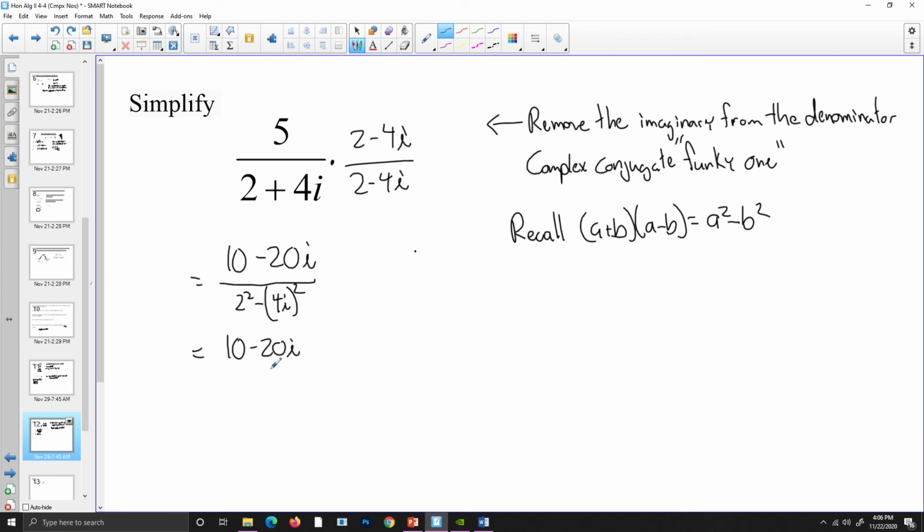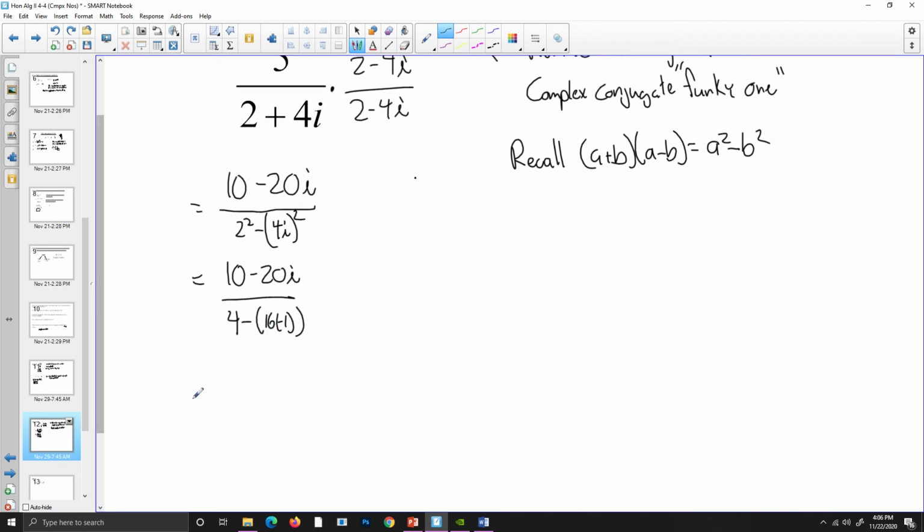I can't do anything with that because those are unlike terms. All over 4 minus, well, this will be 16 times negative 1. When I square that, 4 squared is 16, i squared is negative 1. 4 minus negative 16 is the same as 4 plus 16, which is 20. So 10 minus 20i, all over 20.